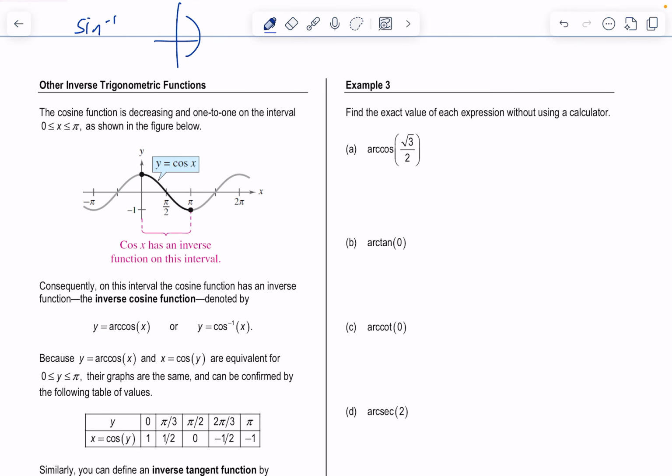For cosine, we're not looking at the y coordinate, we're looking at the x coordinate. So cosine of angle equals square root of 3 over 2. Cosine is restricted on this one. So in this section of the unit circle, what angle, what radian has an x coordinate of square root of 3 over 2?